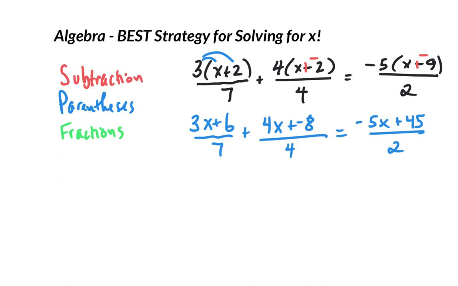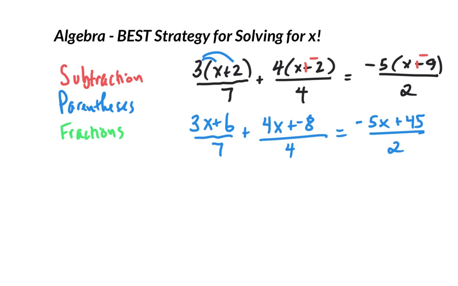Now, I typically think about just multiplying maybe the two largest and then seeing if the smallest will go into it. So 7 times 4 would be 28. 2 also goes into 28. So 28 is a denominator that will work for everything.